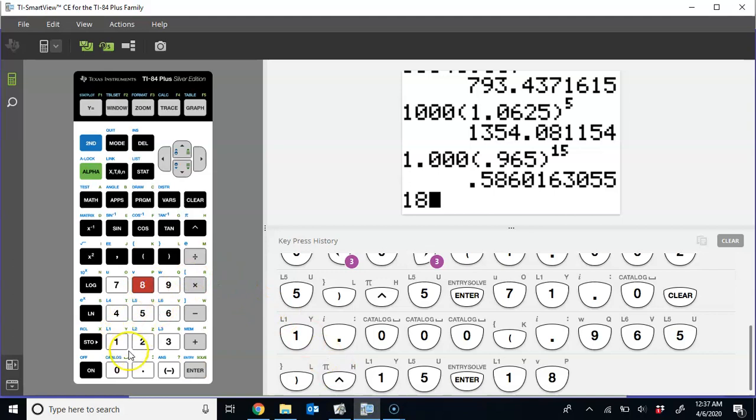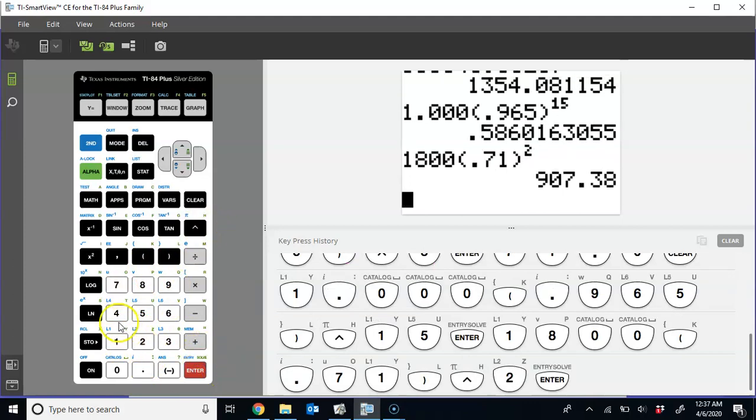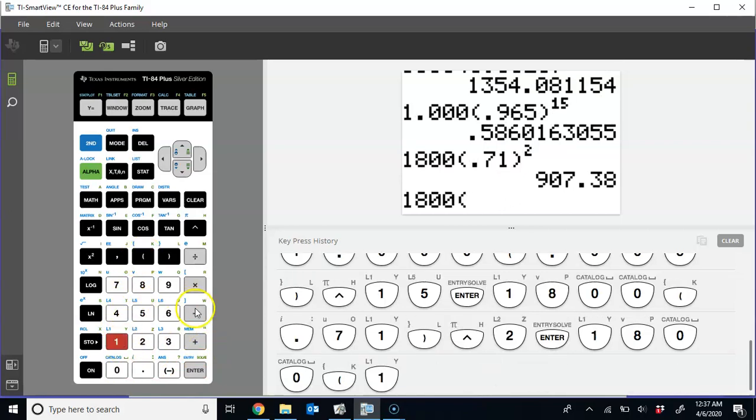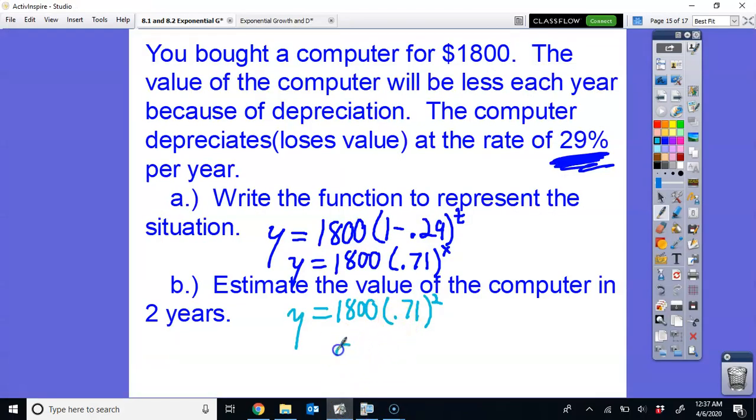I do want to show you that that works because I haven't shown you that yet on any of the other examples, but you could do 0.71 raised to the second power, or you could do 1,800, and you can type in your 1 minus 0.29 without actually simplifying it, raised to the second power, and it still gives you $907.38. That is how much my computer is worth after 2 years.